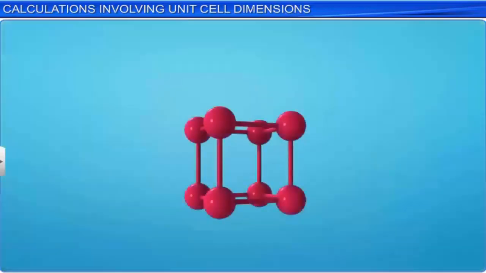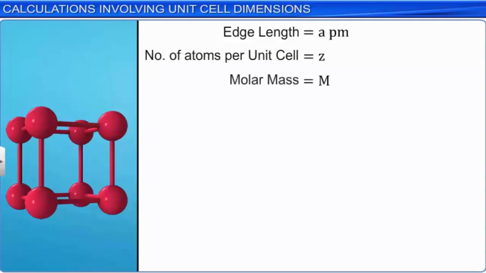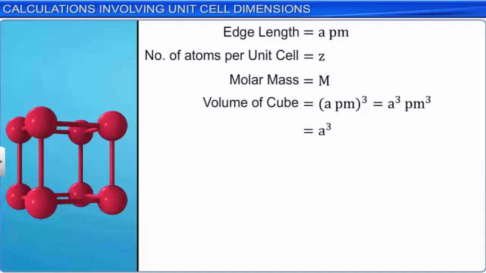Consider a cubic system with edge length A picometers, number of atoms per unit cell Z, and molar mass M. The volume of a cube is equal to A cube picometer cube, which is equal to A cube into 10 to the power minus 30 centimeter cube.